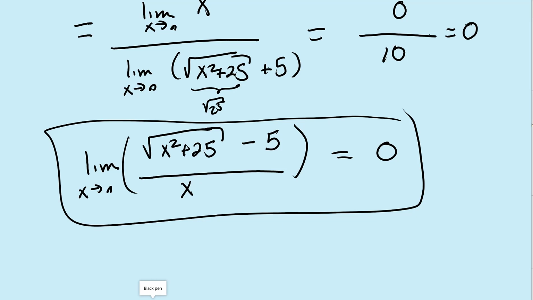We took advantage of the rule that a plus b times a minus b equals a squared minus b squared. And then we used the limit rules to go under the denominator, to go under the square root, and to take the limit inside of those functions because the limit exists.